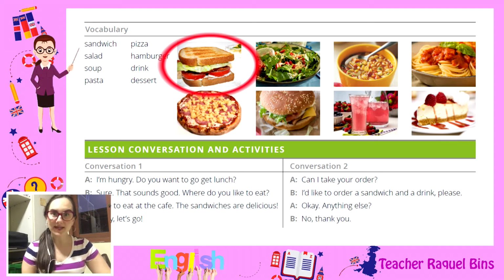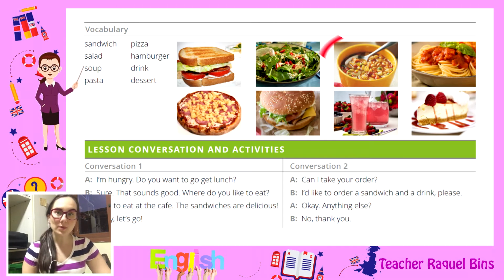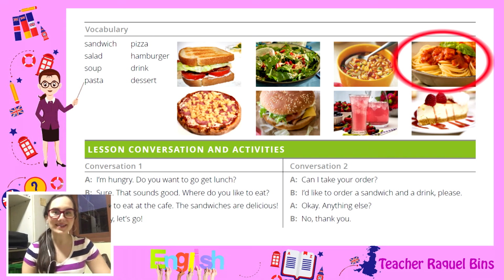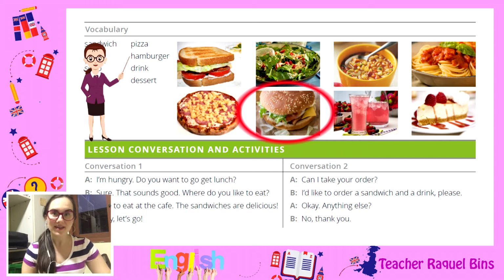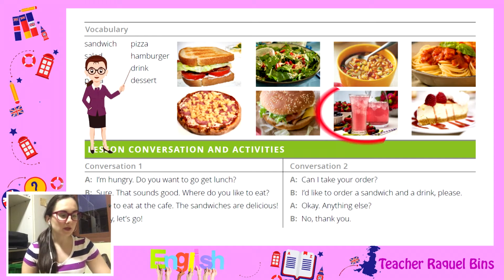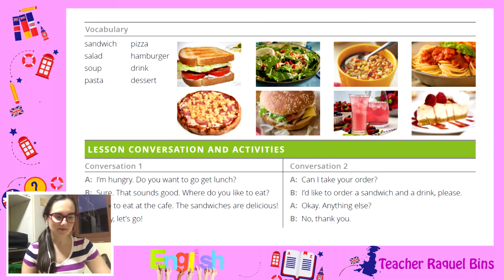Sandwich, salad, soup, pasta, pizza, hamburger, drink, dessert. Então, esse é o vocabulary da aula de hoje.